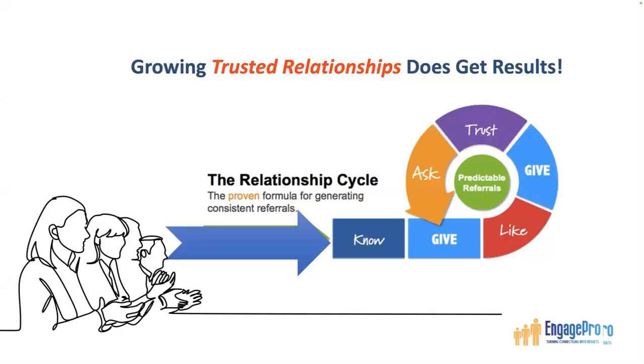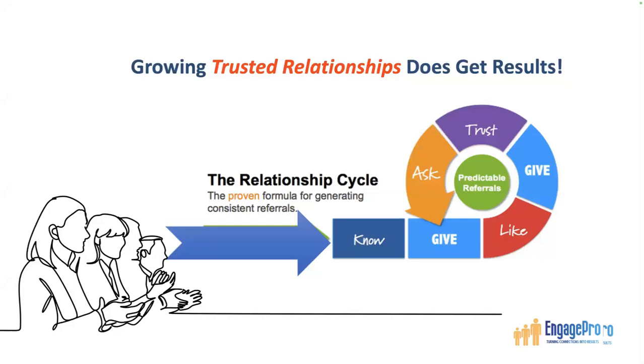The ask part is vital because when you ask in the right way and teach people specifically who to introduce you to, who to refer you to, that gives them a chance to reciprocate. They get the adrenaline rush that comes into the middle of their cerebral cortex, and you build a give and receive two-way street.